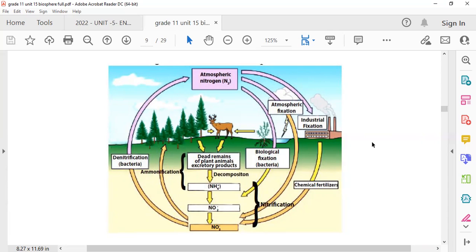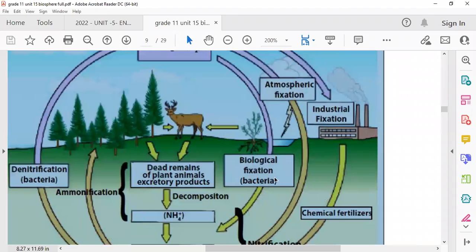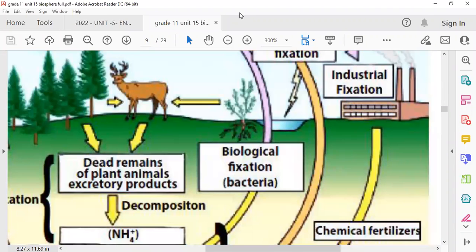One is biological fixation. In this place, you can observe it is indicated: biological fixation.